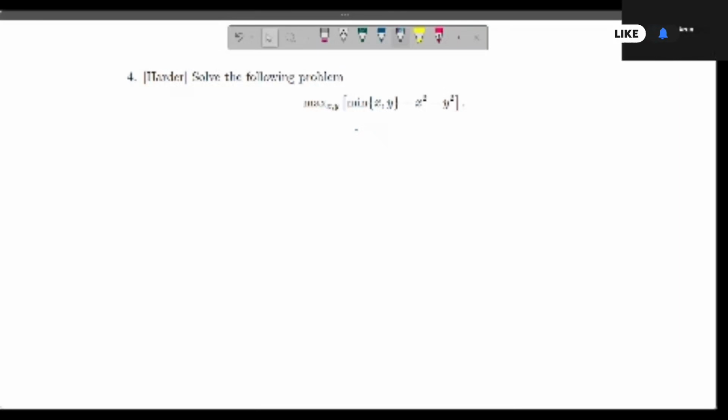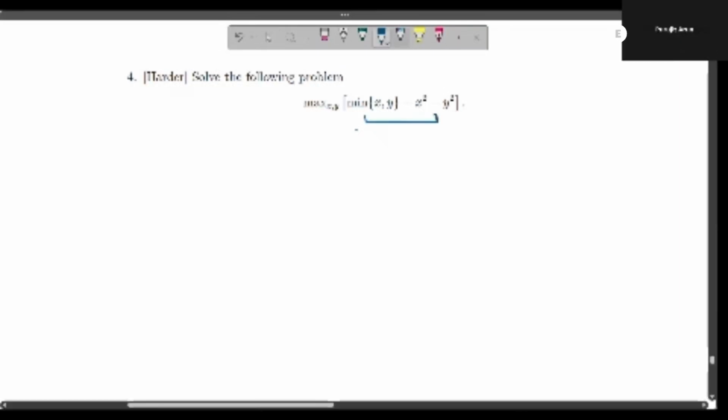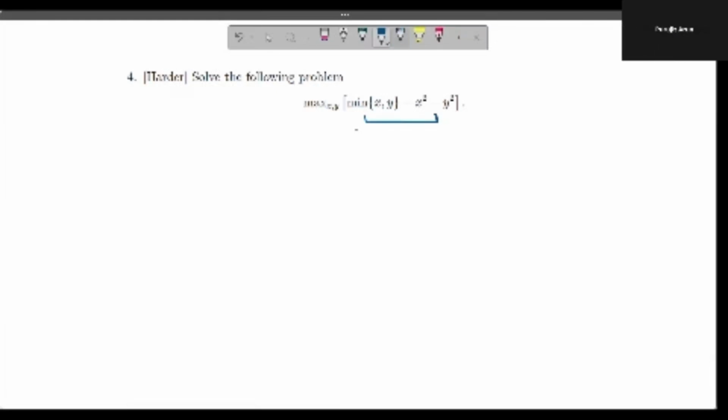So basically, this is the constraint. I mean, the minimum of xy has to be there, and minus x square minus y square.